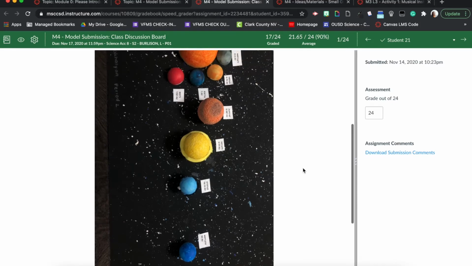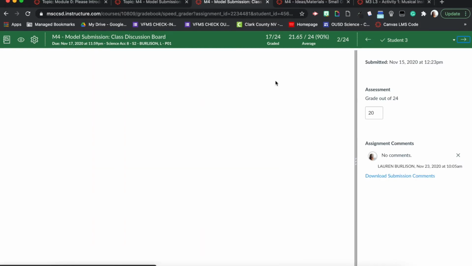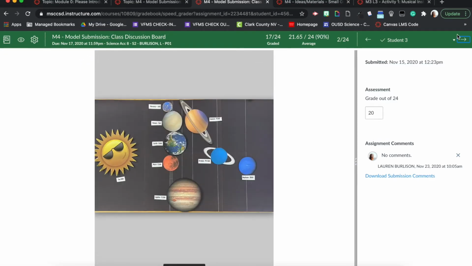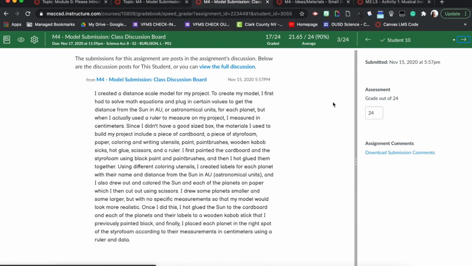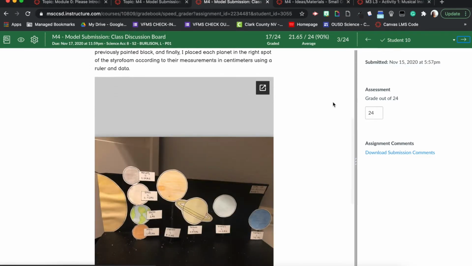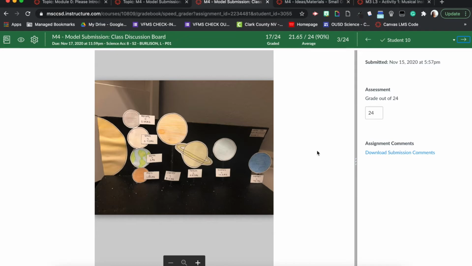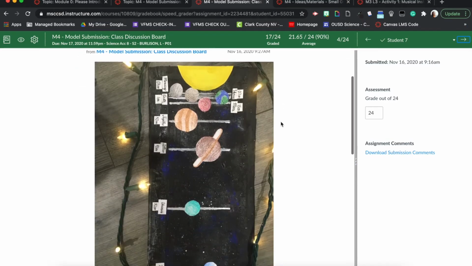So basically here they were sharing and got to see all the different ideas. And look at how creative they are. I love this. They got to share what they did from home with their peers and comment and say, you did a good job.